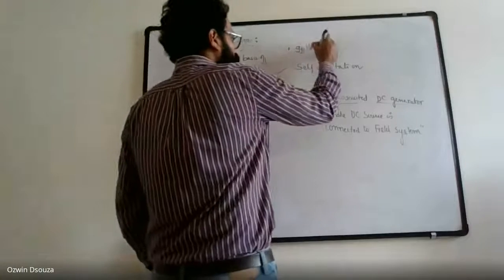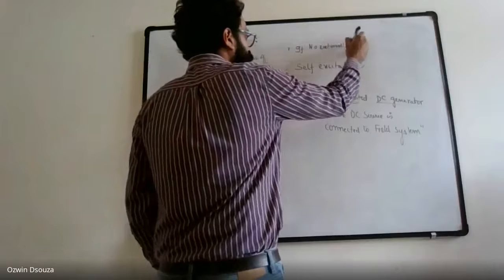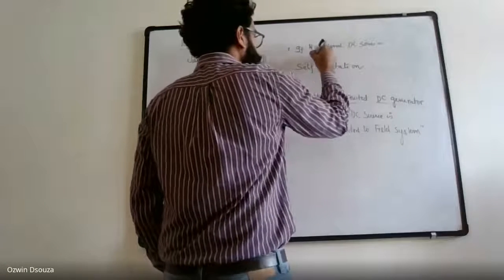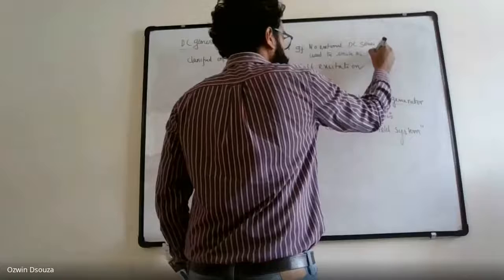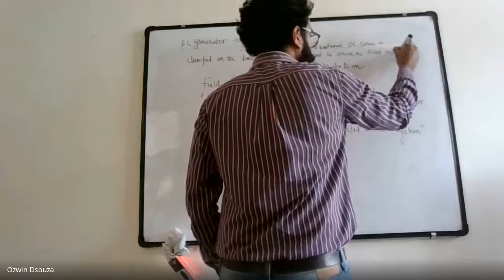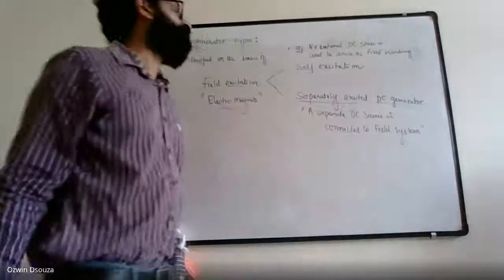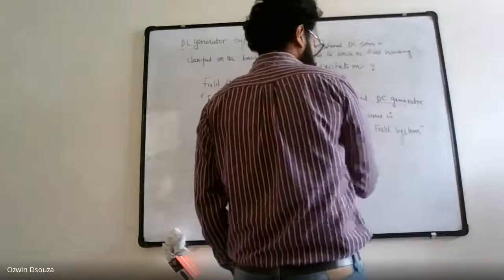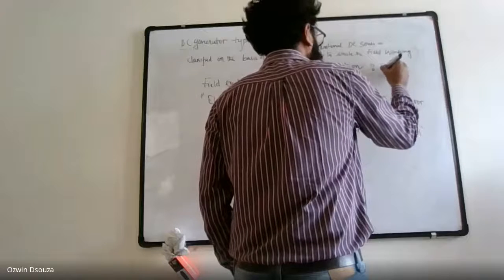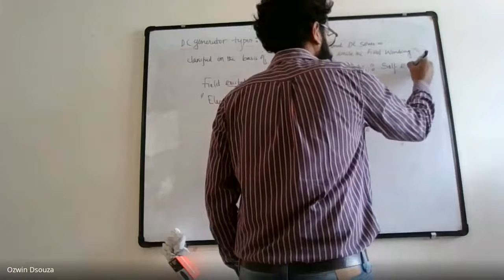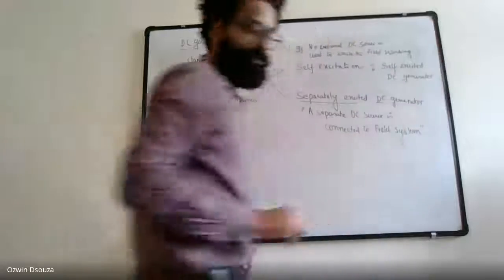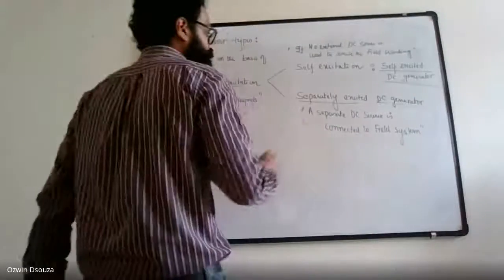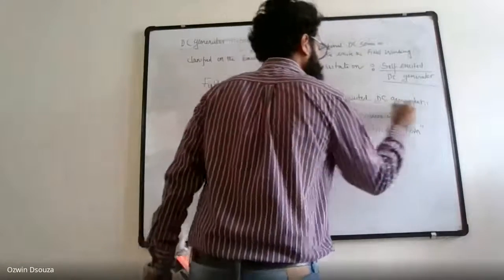So if no external DC source is used to excite the field winding, we would call the respective generator a self-excited DC generator.